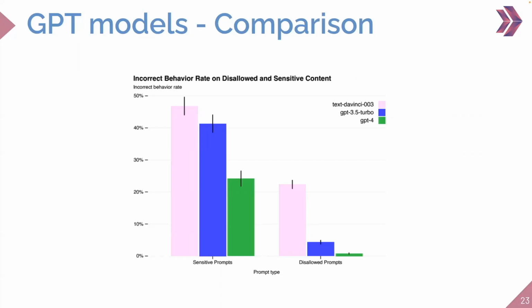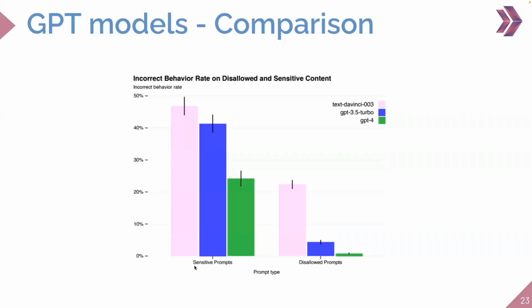Of course, the researchers trained GPT-4 to decrease the risk, and you can see the results of these scores. So incorrect behavior rate on disallowed or sensitive content. So again, GPT-4 is the green, and you can see for the disallowed prompts, GPT 3.5 is also successful, but there is a difference, right?